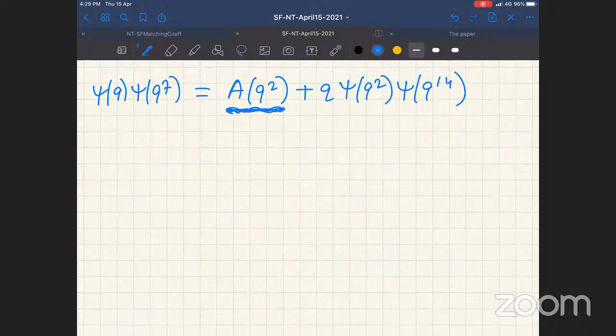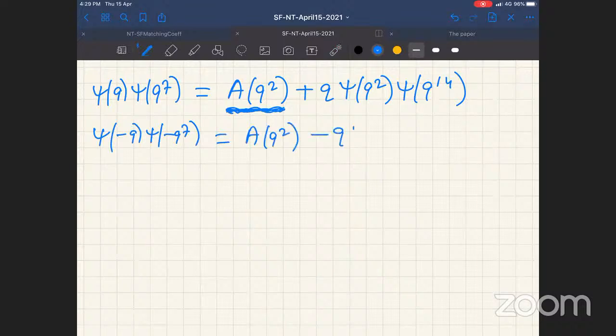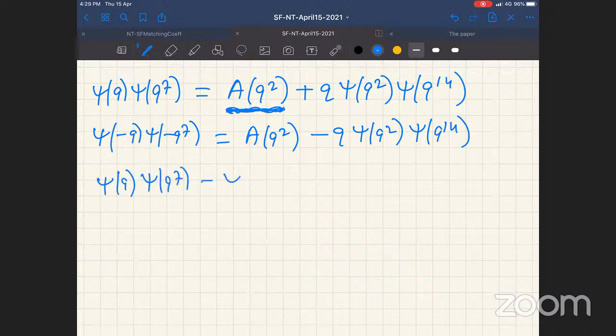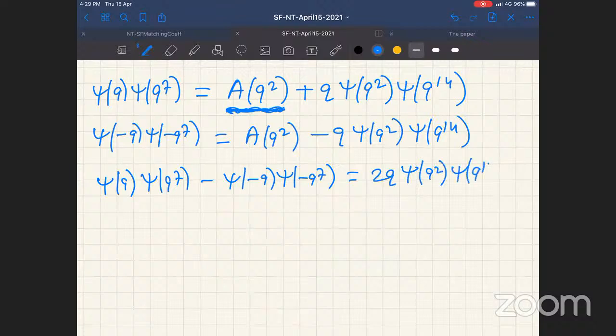So we have this one. So therefore you put just q equal to minus q here. So we have this one, and this remains as φ(q^2), and here it is ψ(q^2) and ψ(q^14). And if we subtract, then we see that this is ψ(q^7) minus ψ(minus q^7) is equal to twice q times ψ(q^2) and ψ(q^14).